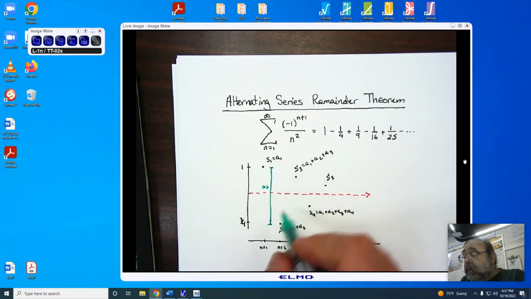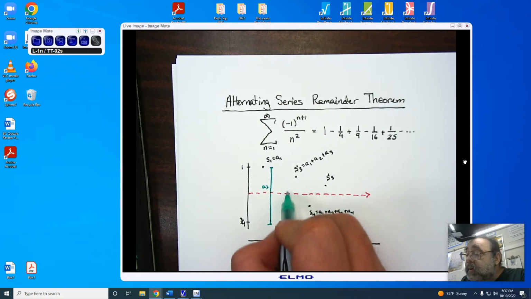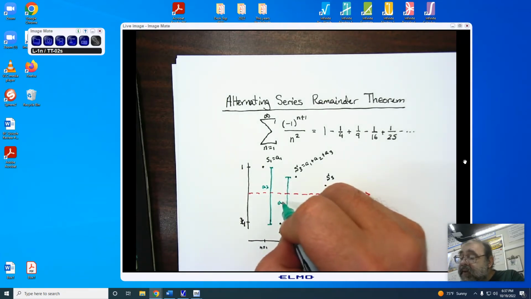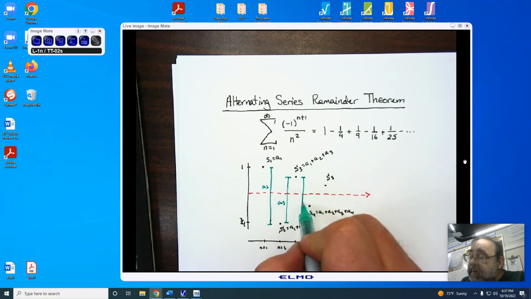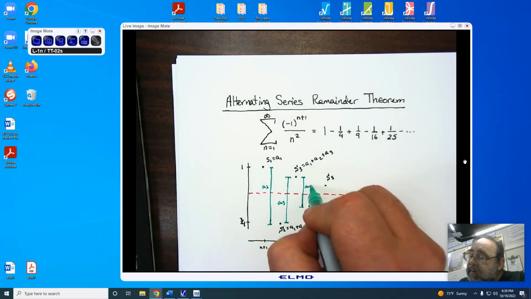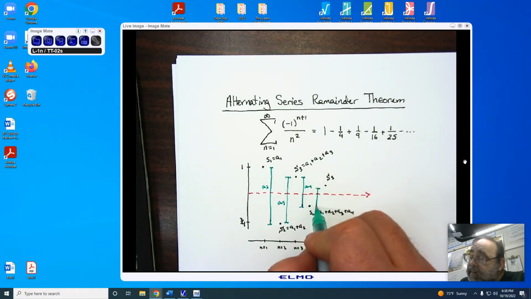Then, when I add a sub 3 to S sub 2, it jumps up. And this is a sub 3. A sub 4 brings it down. That's a sub 4 right here. And then here's a sub 5 bringing it back up again.